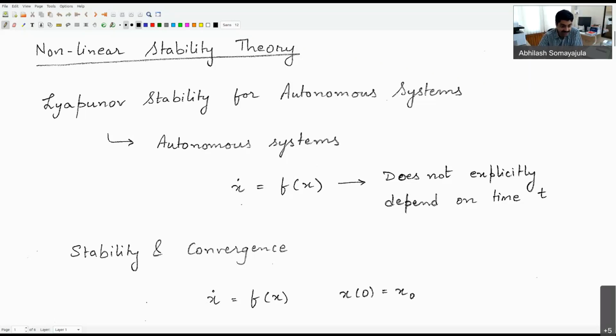But if you are really interested to look at how these proofs have come up, then you can reference this book by Khalil. It's called Nonlinear Systems. His name is Hassan Khalil.